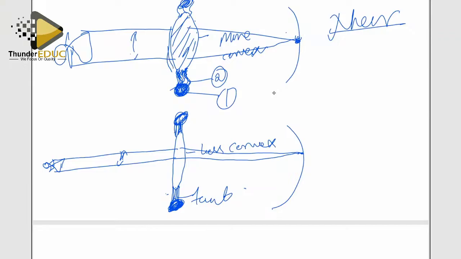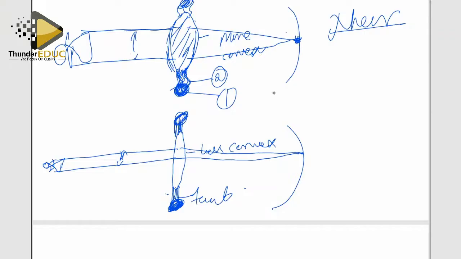And then now the refracting power, the ability to bend this light, is more. The ability to bend this light is going to become what? It's going to become more. Meaning that now the light will bend more to the retina, and then now a clear image is going to be focused onto the retina.